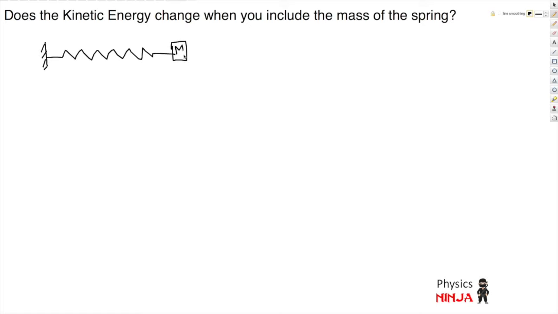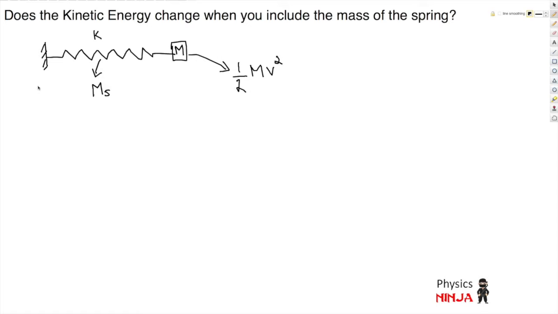The mass has a value m. The mass of the spring is given by m subscript s. And we have a spring with the spring constant given by k. Okay, so we know that once this block starts moving, it has kinetic energy. That's straightforward. Whenever a block or anything with a mass moves, there is energy associated to motion, and the value is 1/2 mv squared.